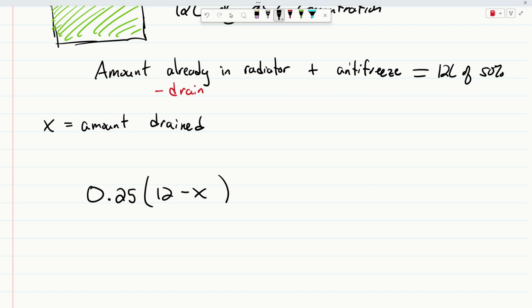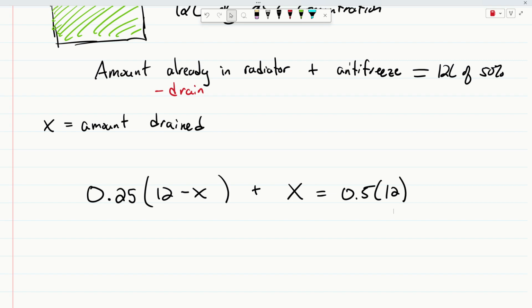We're going to add pure antifreeze. So the amount drained, 12 minus X, plus X. This will be the amount of antifreeze that we put in. And this has to equal 0.5 times 12.